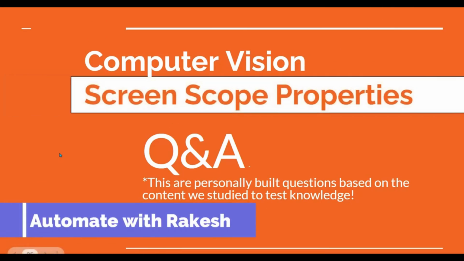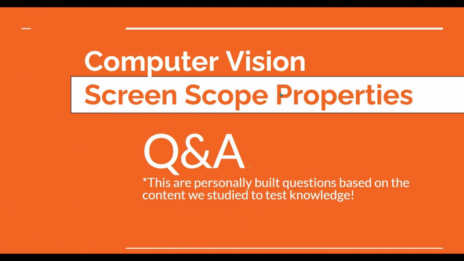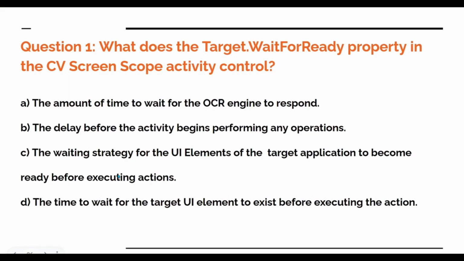Now let's see some of the questions on screen scope activity properties. The first question: what does the target dot wait for ready property in the CV screen scope activity control?